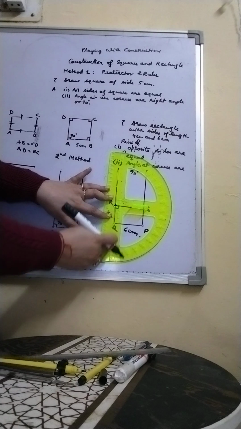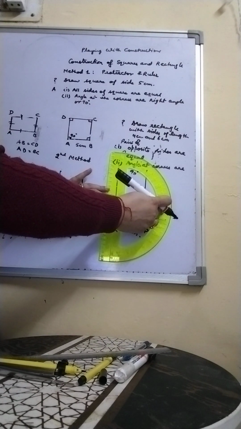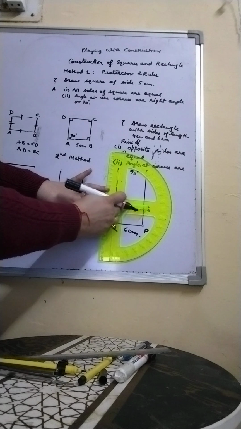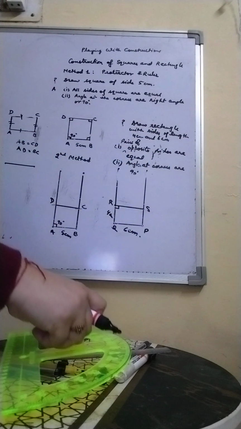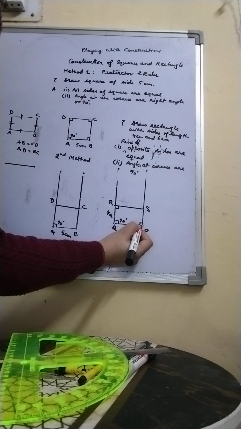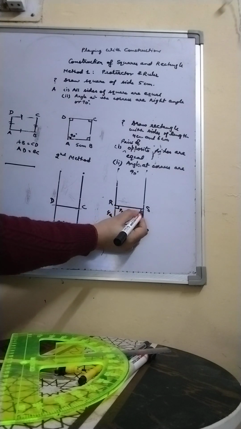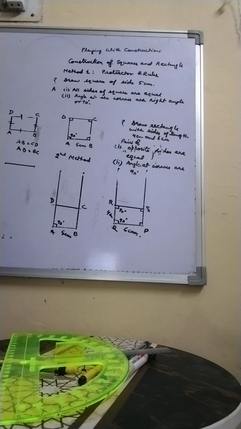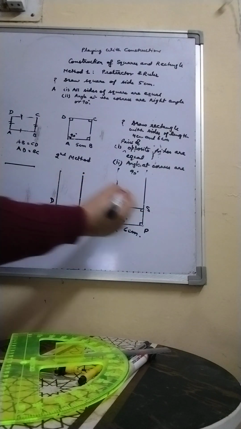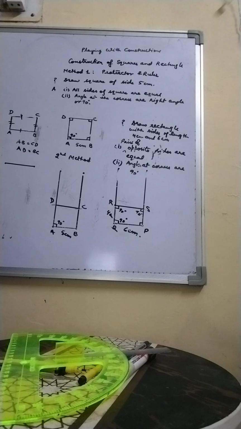Start from 0 reading. From 0 to 90 you would see that this angle is 90 degree. These two you have already made 90 degree. So you need to check the third angle. It is 90 and the fourth would also be 90 degree. So all the angles at the corner are 90 degree. In this way you check the properties of the rectangle.